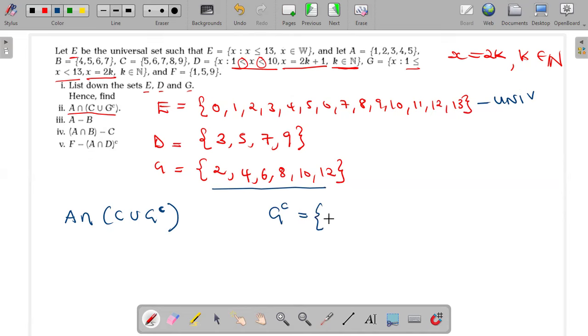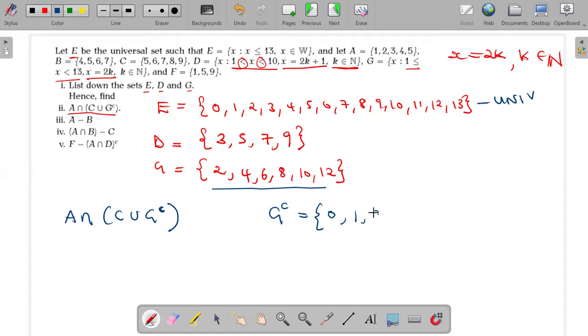Now you look at the set G. The set G is listing even numbers that are in between 1 and 13. So numbers that are not sitting in this set, but are in the universal set: 0 is not in G, but it is in the universal set. 1, not in G, but in the universal set.